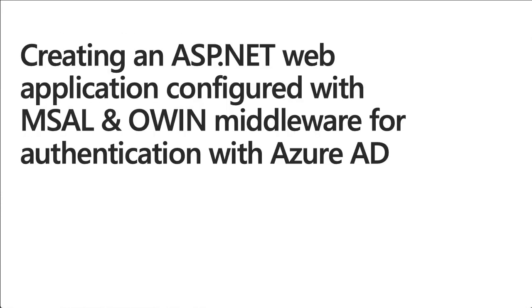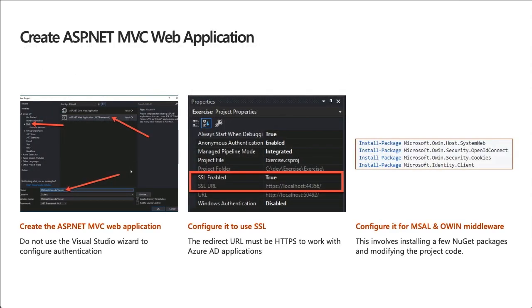Now let's talk a little bit about creating an ASP.NET MVC web app that's been configured with the Microsoft Authentication Library and the OWIN middleware for authentication with Azure AD. The way you're going to do this is you're first going to start by creating an ASP.NET MVC web application. You can go through the process of creating the app, but you don't want to use the Visual Studio wizard for configuring the authentication just yet.